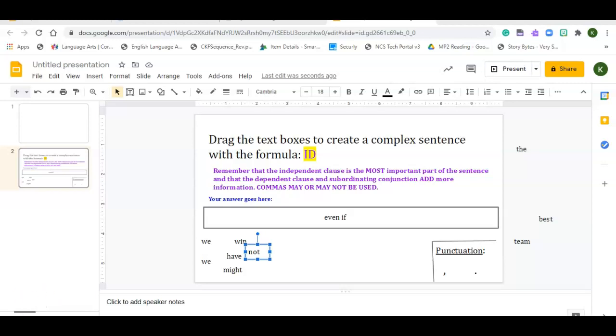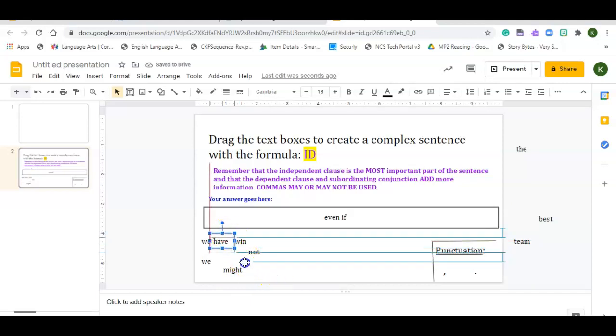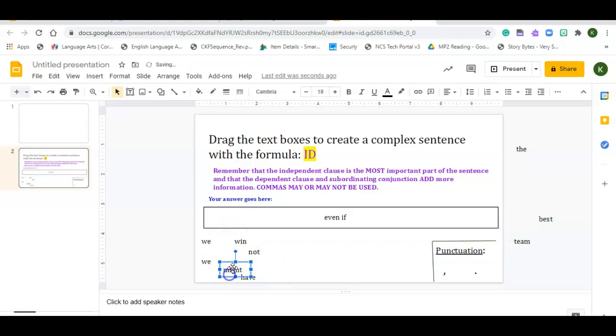Okay. Next step is to try to put all of these fun little verbs together. So if I were to start with have, okay, we have win. That doesn't even make any sense, okay? So I'm going to move that back down. So I know that doesn't work, which means that the word might needs to be able to fit with the word win. So again, not so great with the clicking apparently.